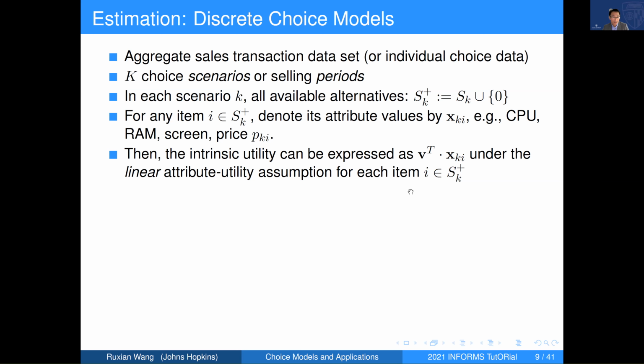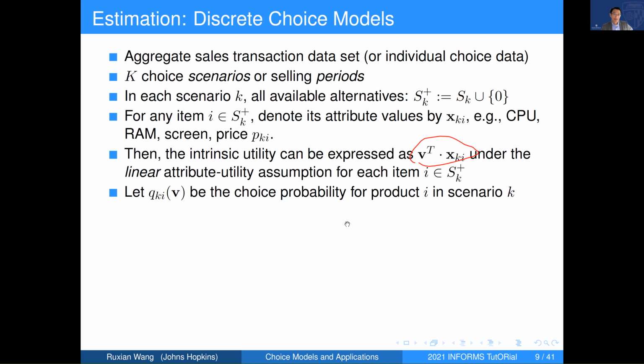Here we have a set of unknown parameters. We call them attribute coefficients v. Under a linear attribute utility assumption, we can write down the nominal utility. Here, this part is the nominal utility.